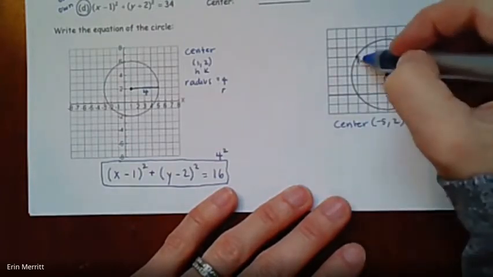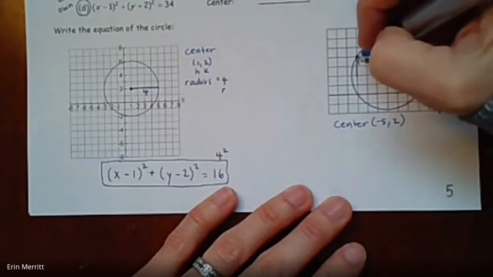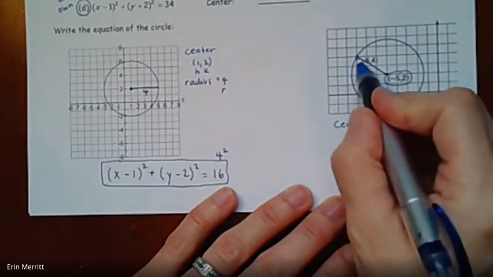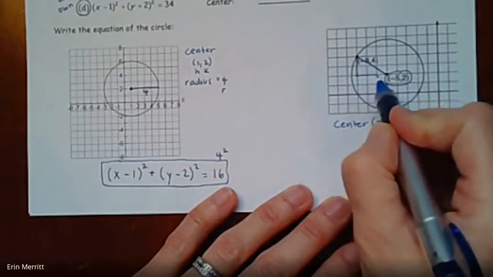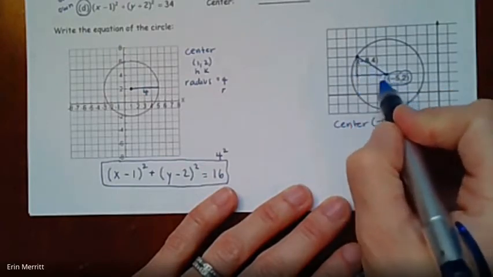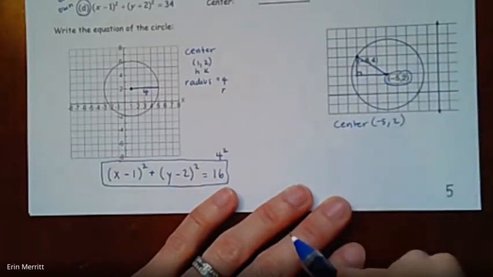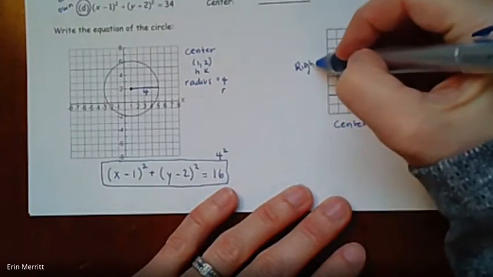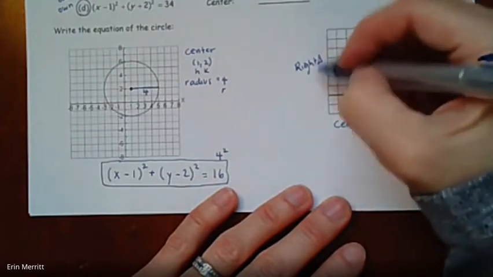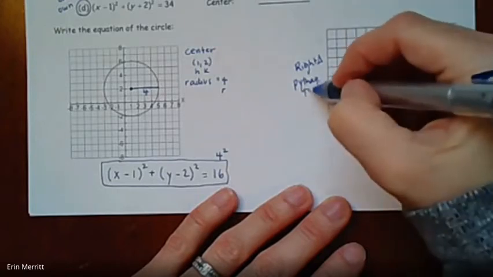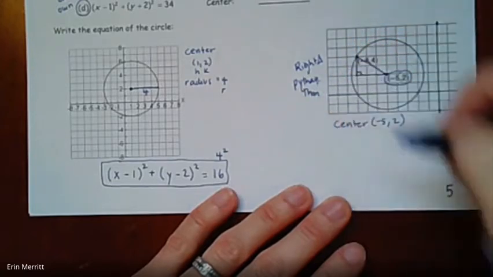So the fact that they give us this other point, I can very nicely draw a segment between those 2 points and then drop down a vertical and horizontal line so that they're perpendicular. So I purposely create a little right triangle because then I can use the Pythagorean theorem to be able to solve for the radius.